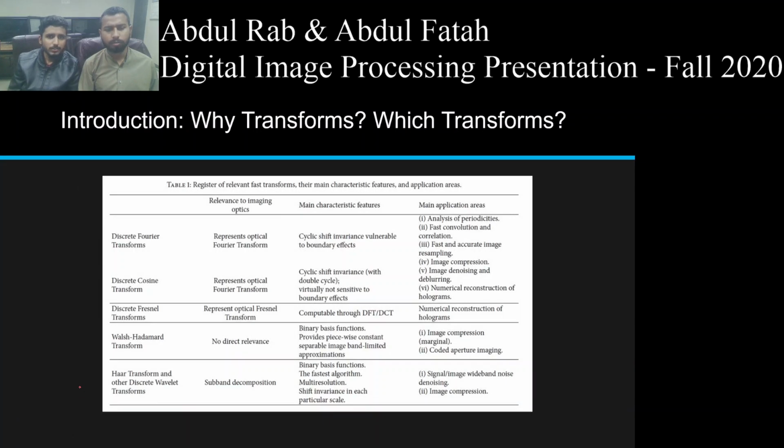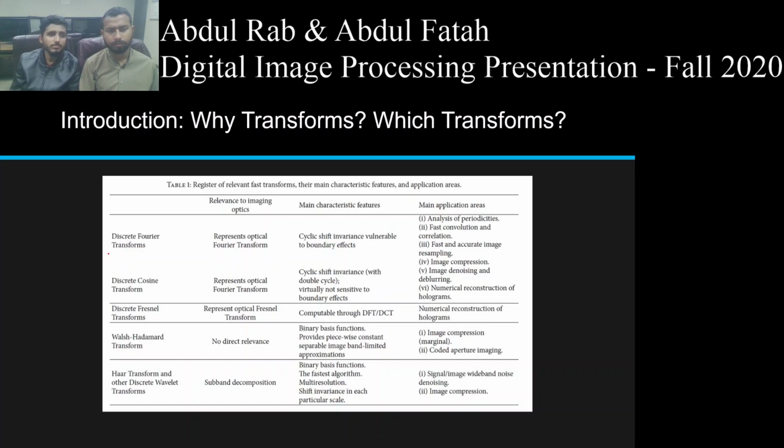Now this is the table. As we discussed, some types of transformations were invented in these three periods, and we are going to highlight their applications, main features, and their work related to image processing.